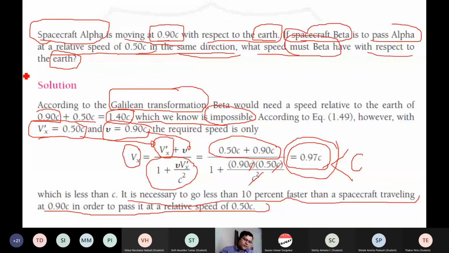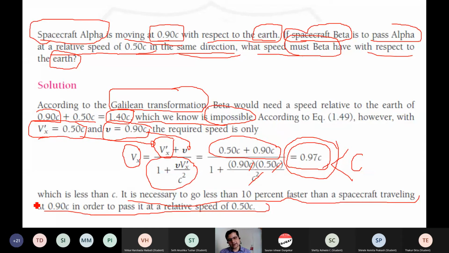So I hope you are understanding this velocity addition rule, or velocity addition formula, that you can use over here for calculating the relative velocities of bodies or things which are moving in a certain moving frame.